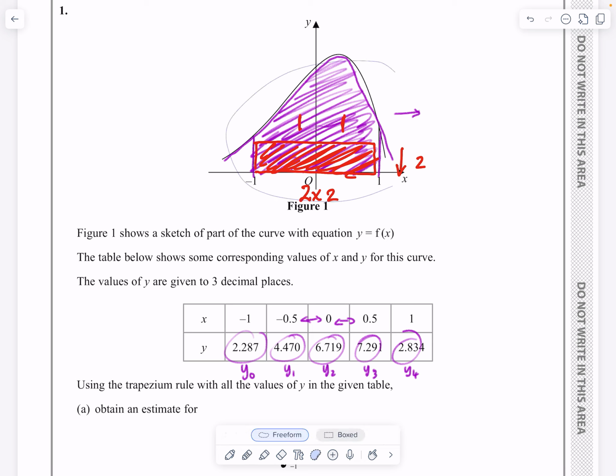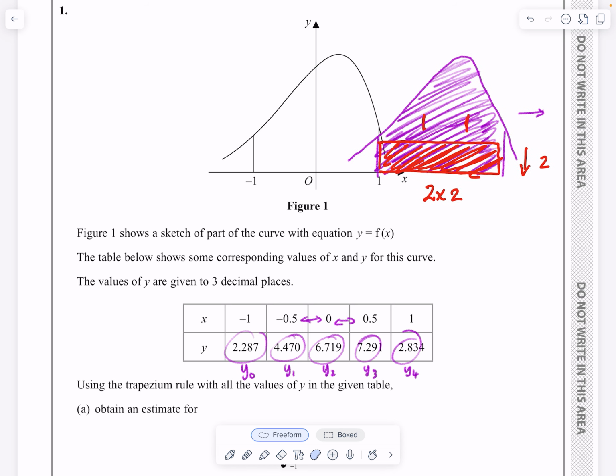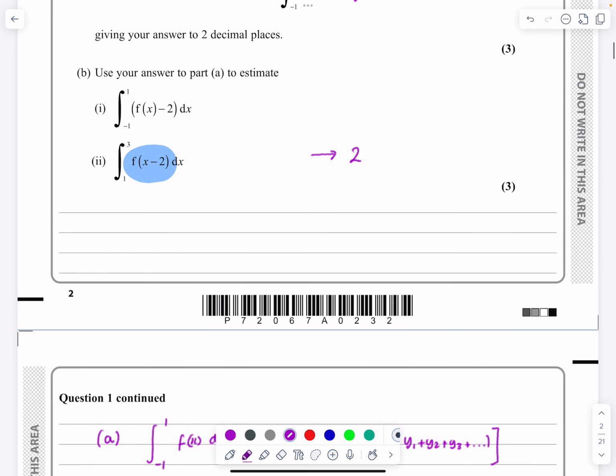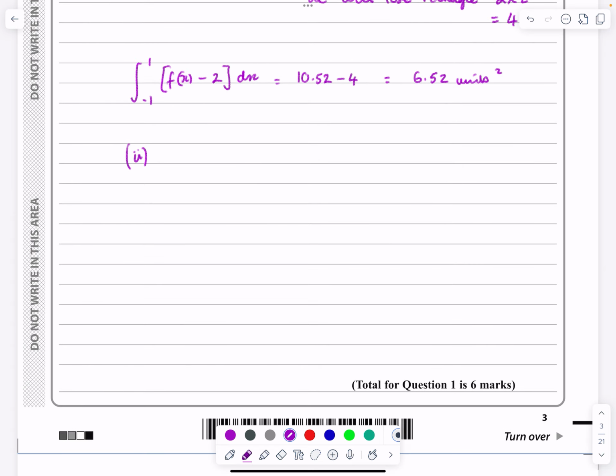So we're just going to shift everything over by 2 units. But then, if you look at the question, because we're doing it between 1 and 3 here, we're actually ending up with exactly the same area there. Notice we're doing it between 1 and 3 here. So it's going to be exactly the same answer, but let's just explain that to the examiner.